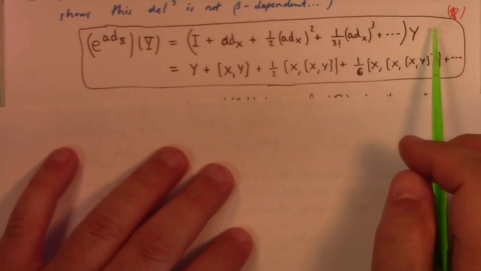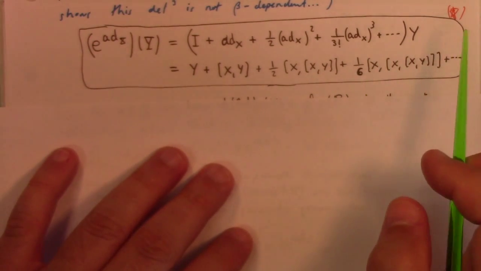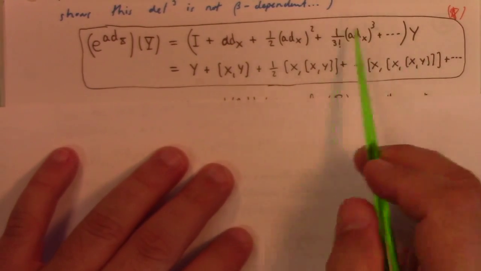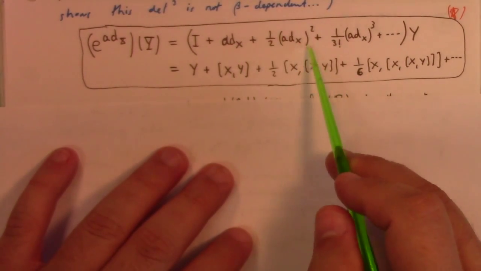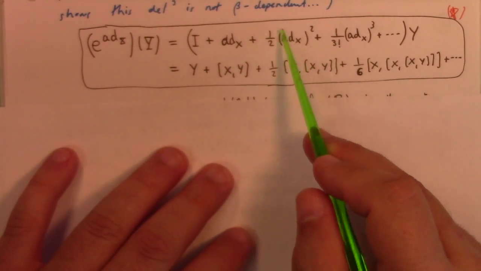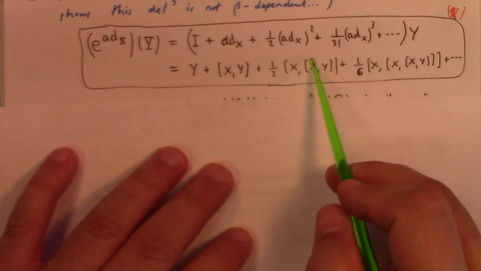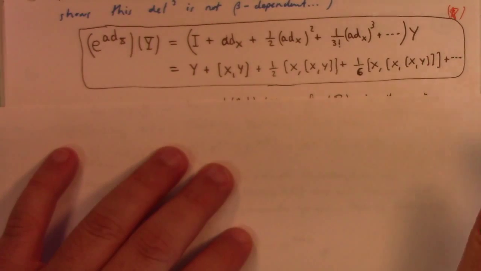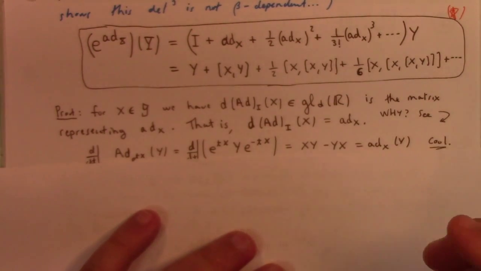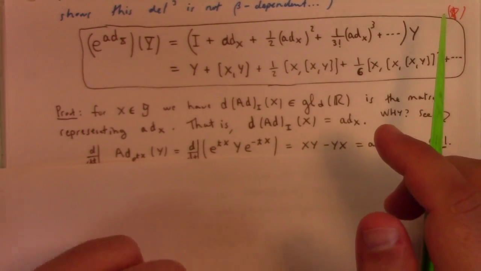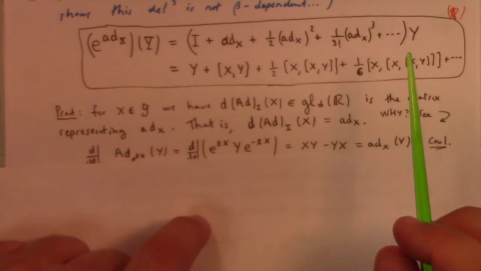It's commutators upon commutators upon commutators, well, you get the idea. So like y, and then the bracket of x, y. The first one gives me the bracket of x, y, but then you feed it to ad x again, so it's the bracket of x with the bracket of x, y, and so forth. So that's the notation. That's what's meant by the exponential of the adjoint of x.